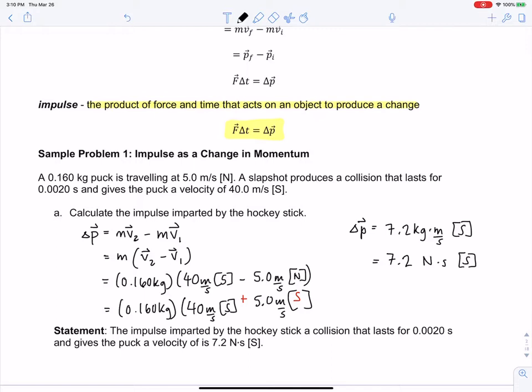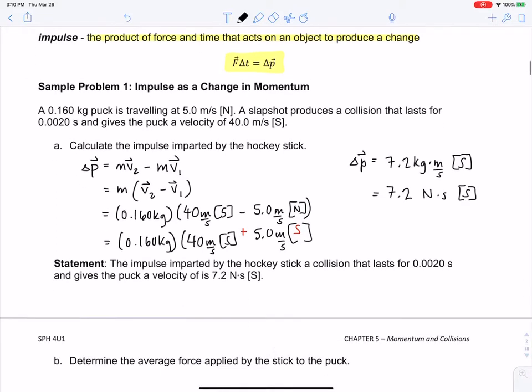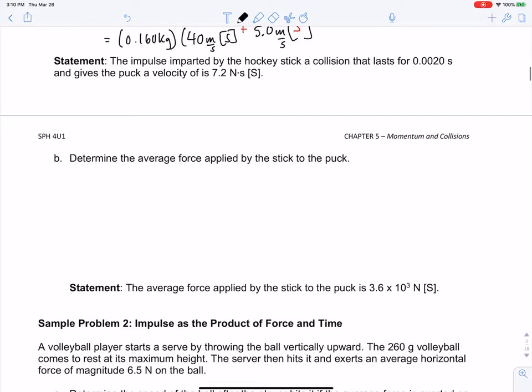In part B, we want to determine the average force applied by the stick to the puck. We know the impulse is equal to the force times time. So rearranging for this force, we can calculate it by dividing the impulse by the time which this force was in contact with the hockey puck.